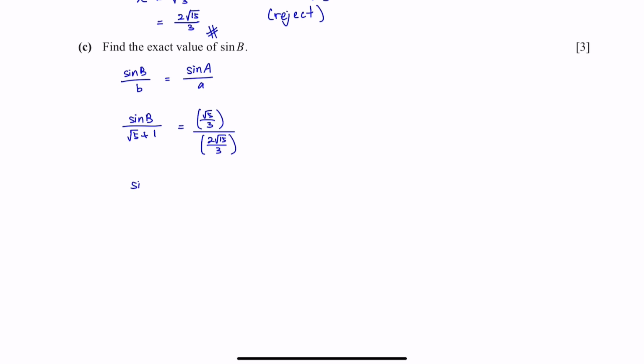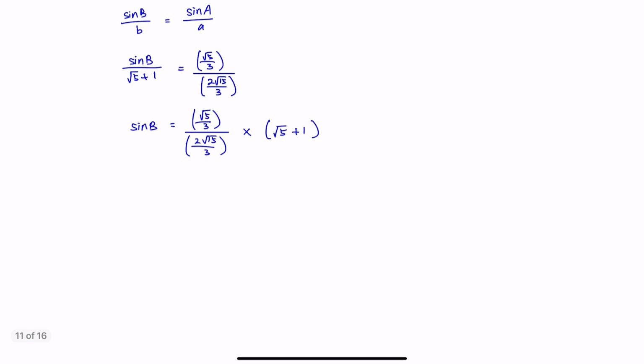Okay, so now sine B is equal to root 5 over 3 divided by 2 root 15 over 3 times root 5 plus 1.